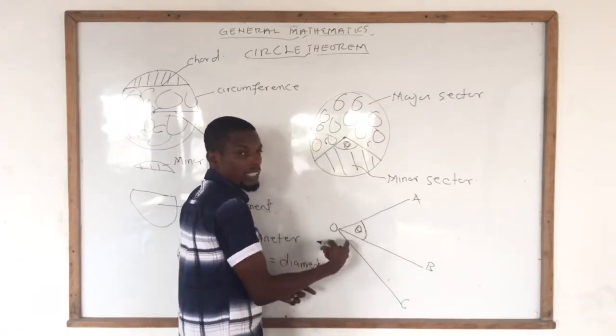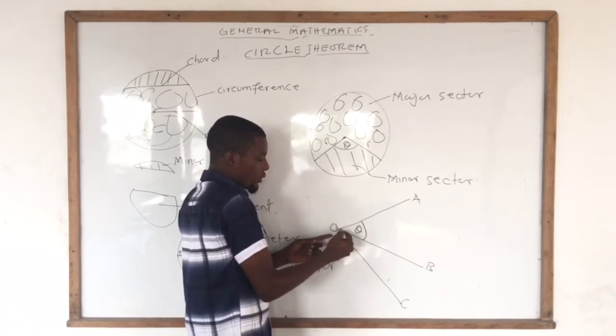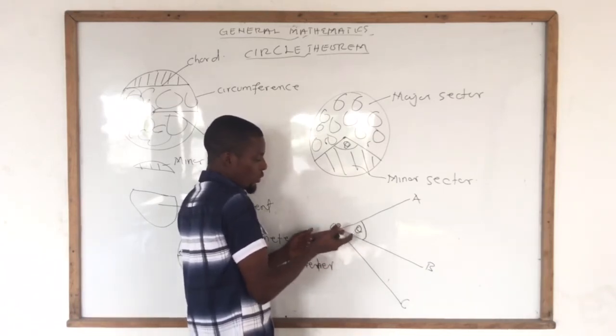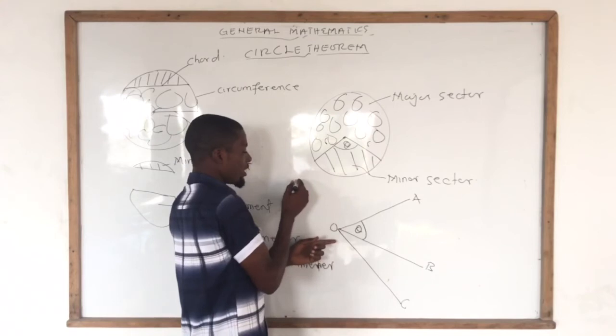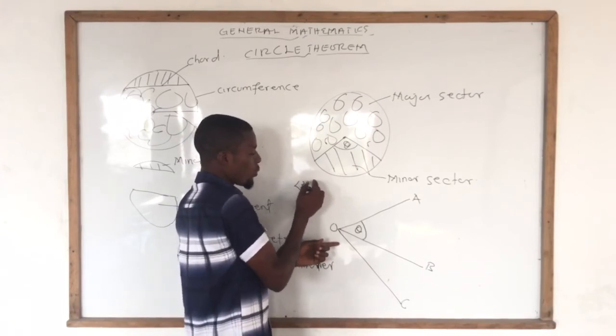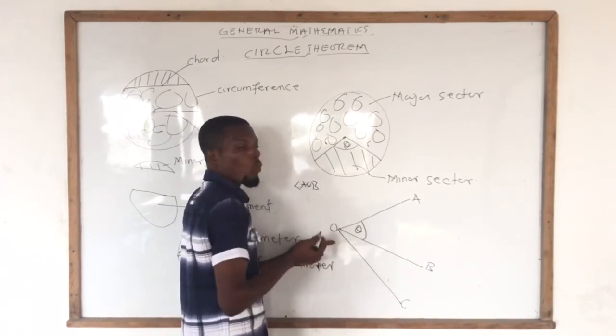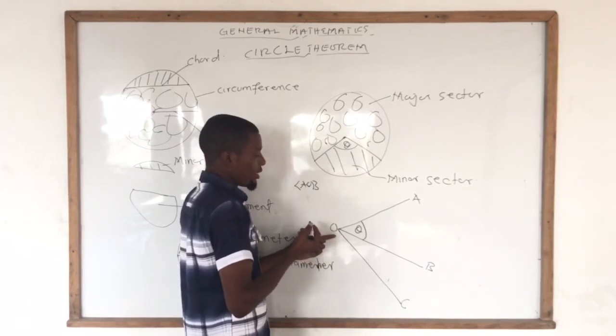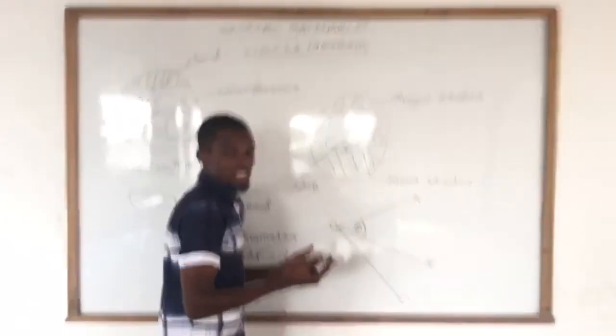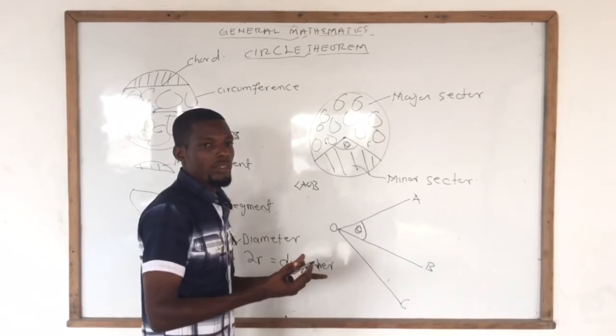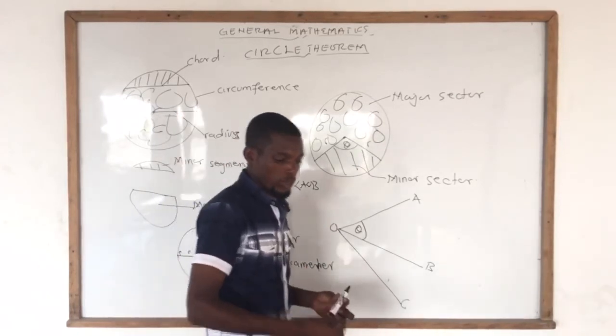How do I name this angle? Students always say, when you give them an angle, let's say angle AOB, and you ask them where is the angle, they will say O, right? But O is not an angle, O is just a point.